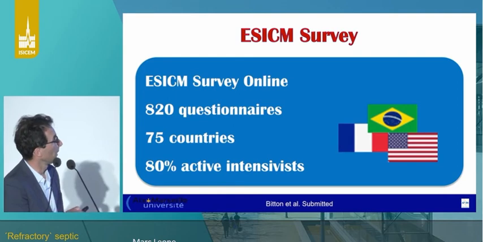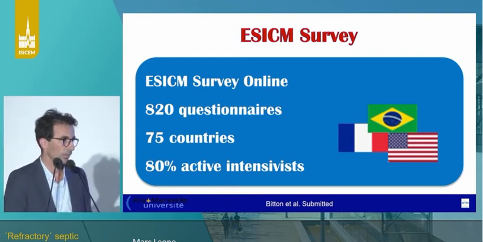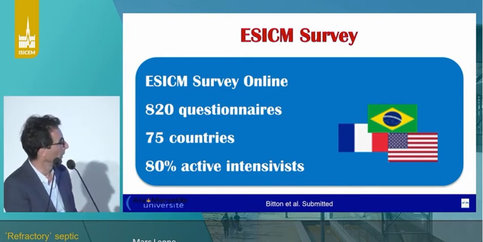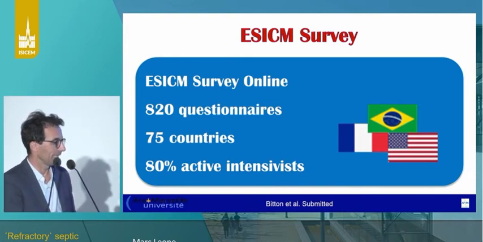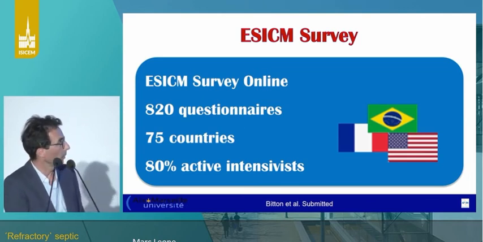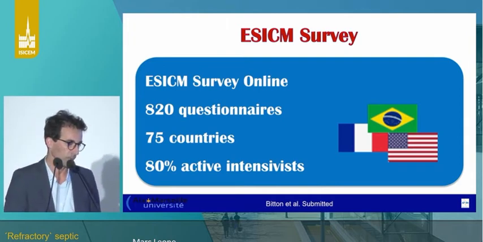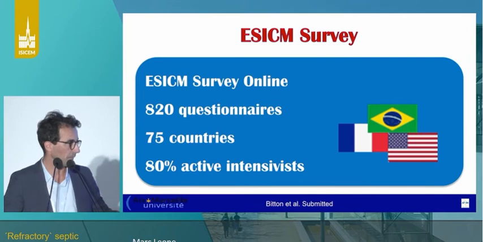We received 820 responses from 78 countries, and 80% of respondents were active intensivists. Most respondents were from Brazil, France, and the US, so that's quite representative of what happens in ICUs in the world.